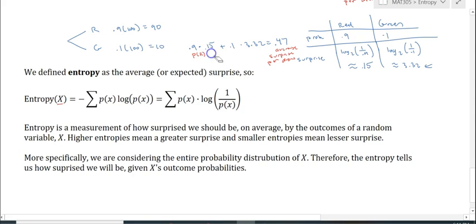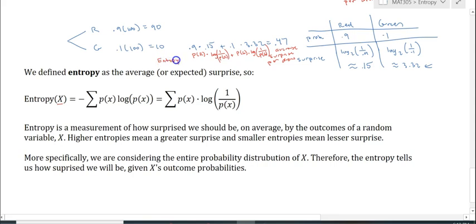And oh, by the way, the surprise of red, remember that that is the log of 1 over the probability of red. Plus we took the probability of green times the log of 1 over the probability of green. And that is our entropy.